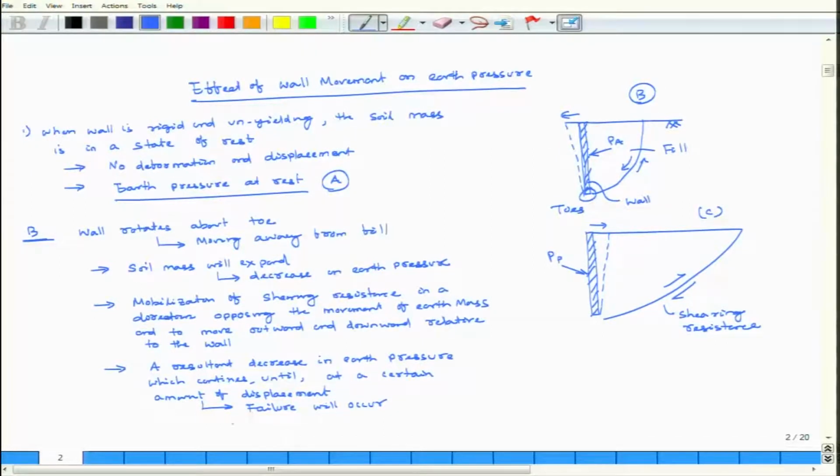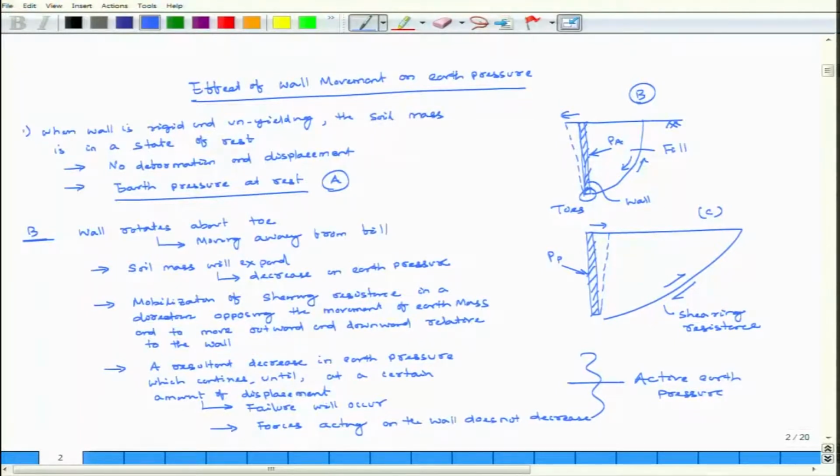After failure has occurred, the forces acting on the wall do not decrease. So, what does it mean? Even if there is further movement of the wall, the forces acting on the wall are not going to decrease. So, this is called your active earth pressure.